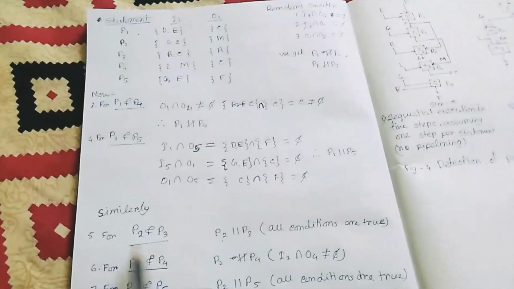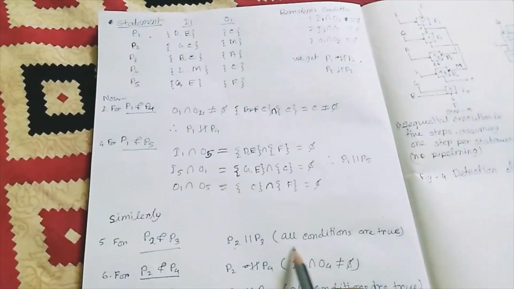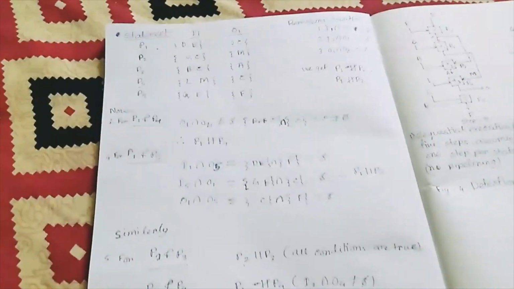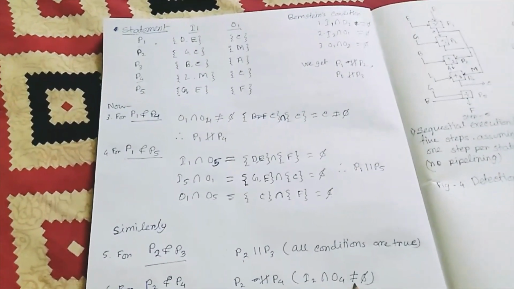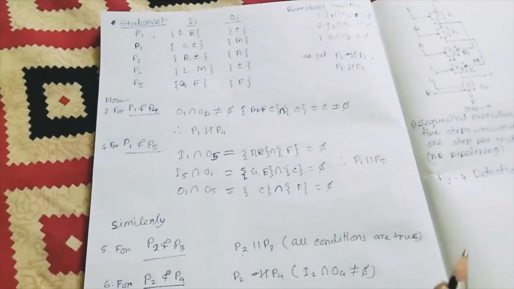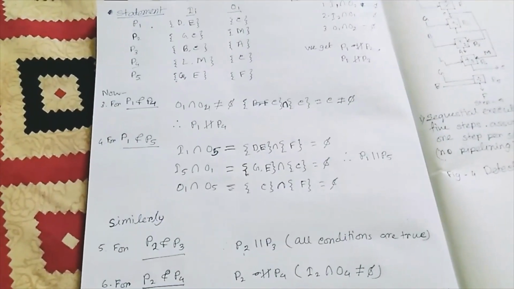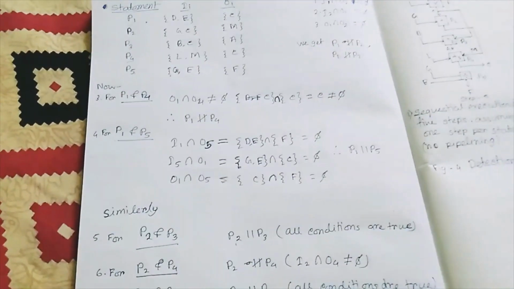Similarly, we can check that P2 and P3 are parallel because all conditions are true. P2 and P4 are not parallel because I2 intersection O4 is not null. For P2 and P5, they are parallel, all conditions are true.